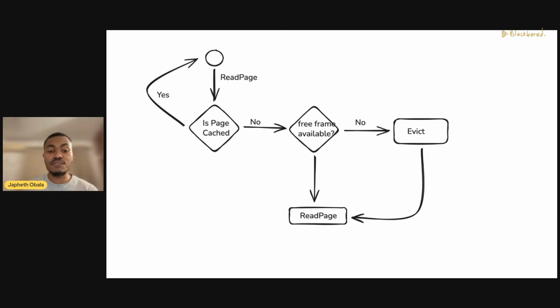If it's not, it checks if there is any free frame available. If there isn't, it evicts a frame, and then it can use that frame to store data for a particular page. If a free frame is available, then it just sends a read page disk request to the disk manager to read the page.